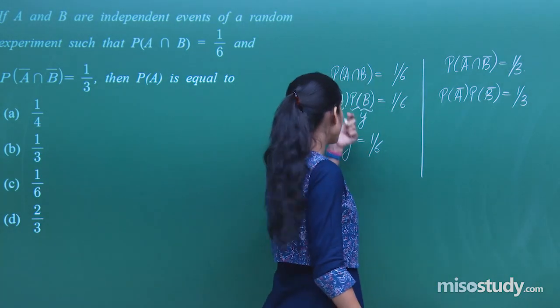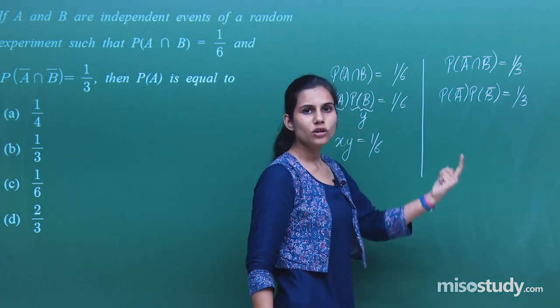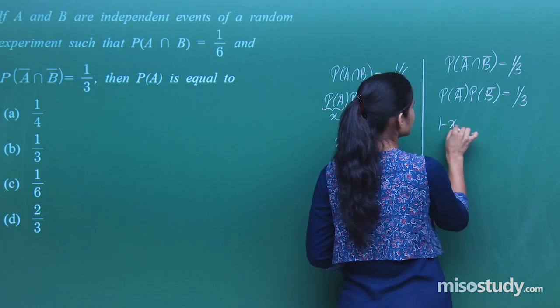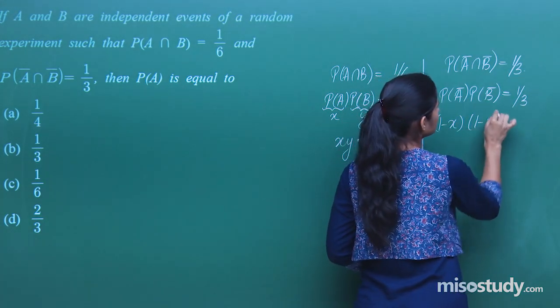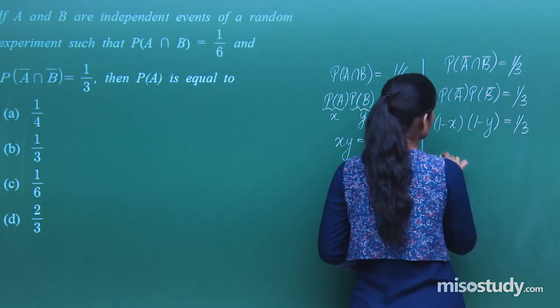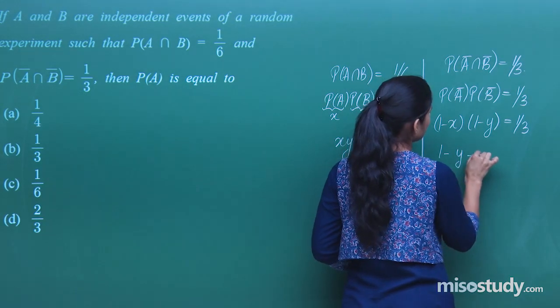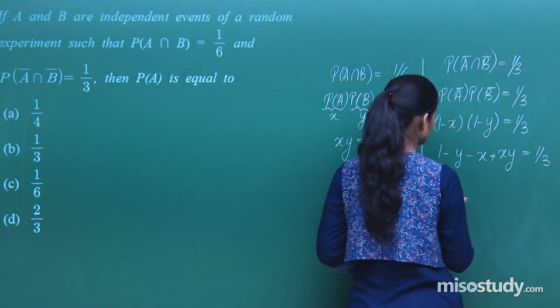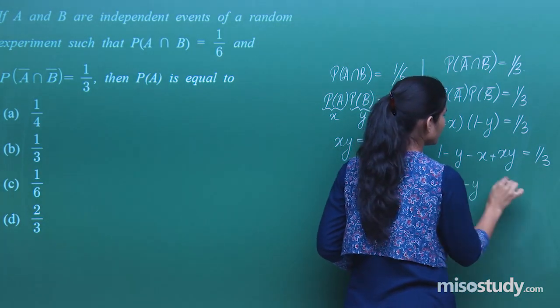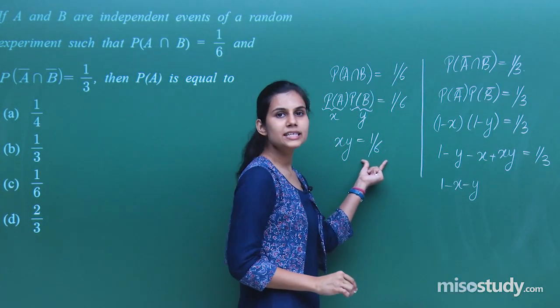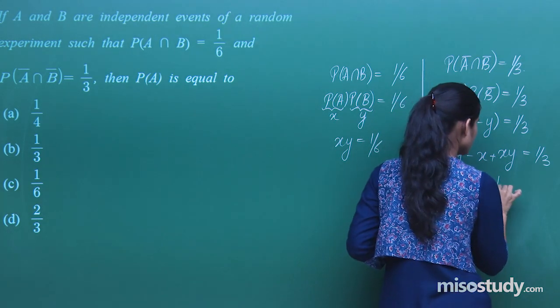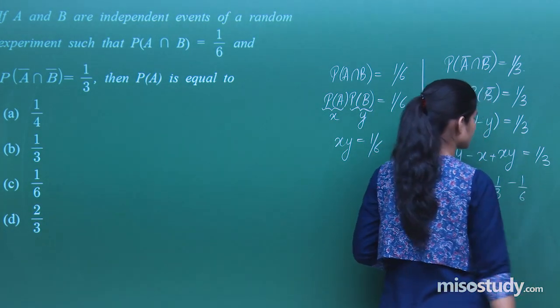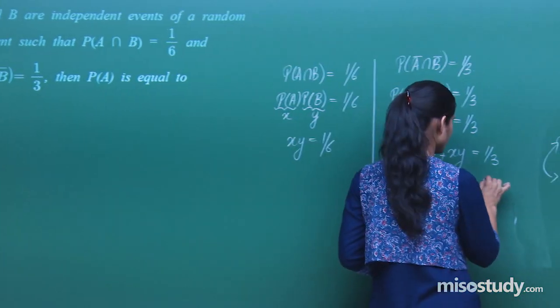Now, if probability of A is x, then probability of not happening of A is 1 minus x. Similarly, this is 1 minus y. So, you get 1 minus y minus x plus xy is 1 by 3. So, 1 minus x minus y plus 1 by 6 is 1 by 3. So, this becomes 1 by 3 minus 1 by 6, which is 1 by 6.